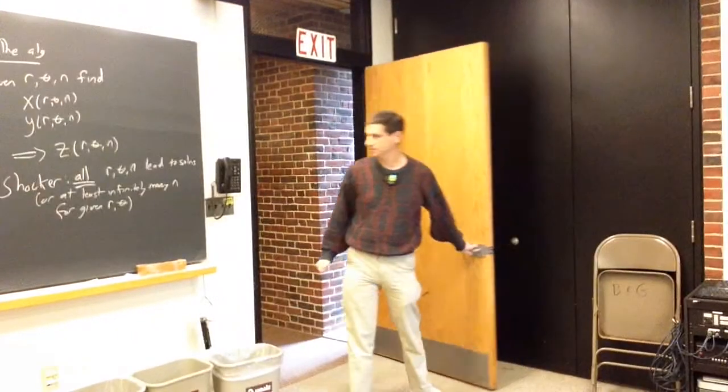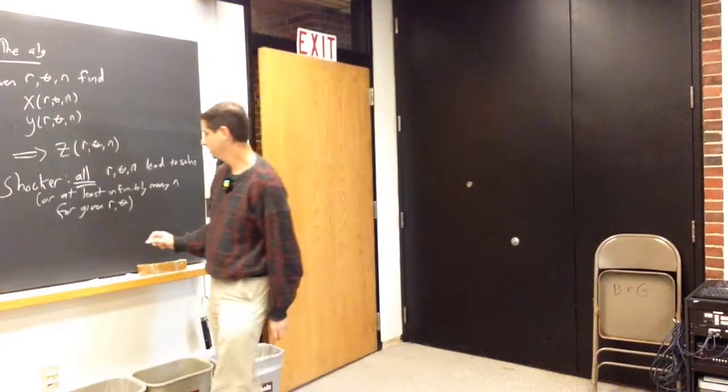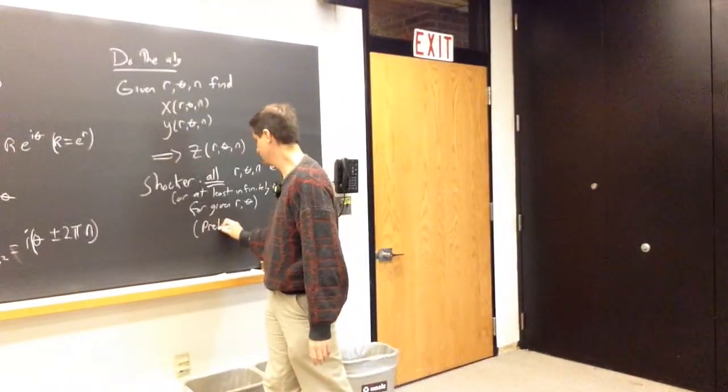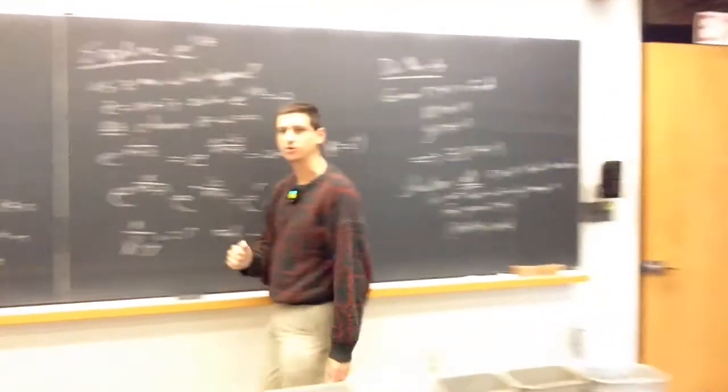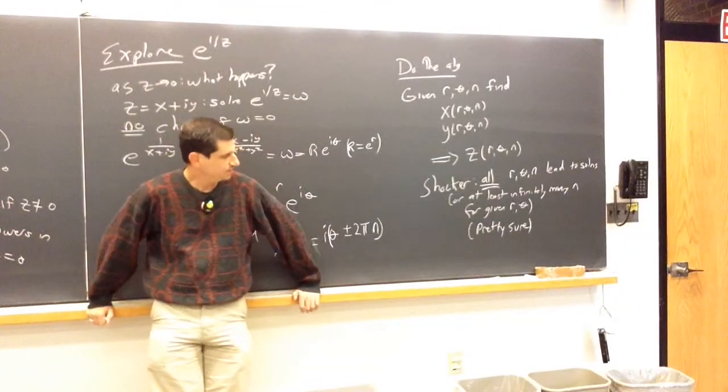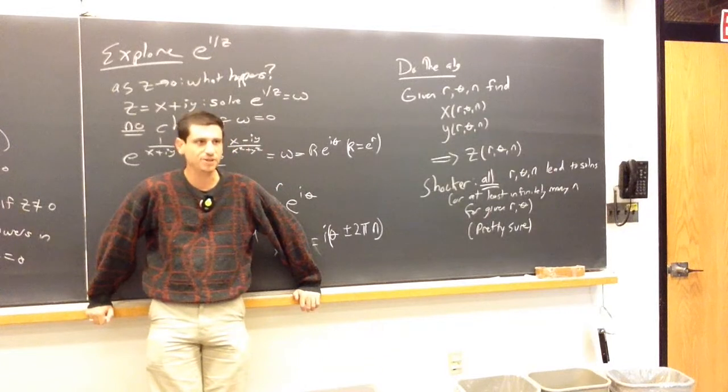I'm pretty sure that is the result. So I'm pretty sure that if you try to do the algebra, for a given value of r and theta, there'll be infinitely many n that lead to solutions.